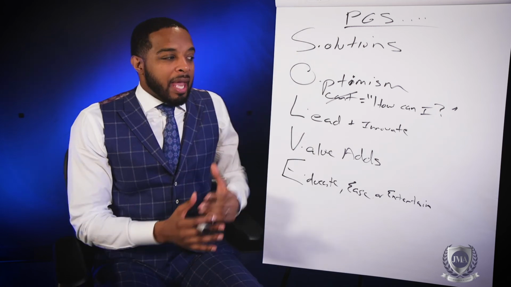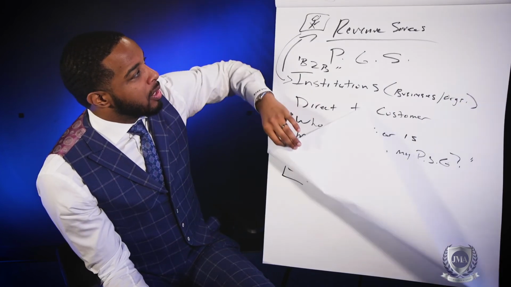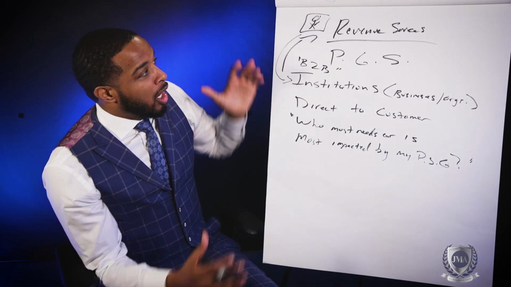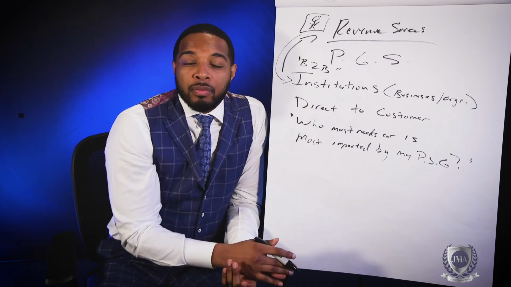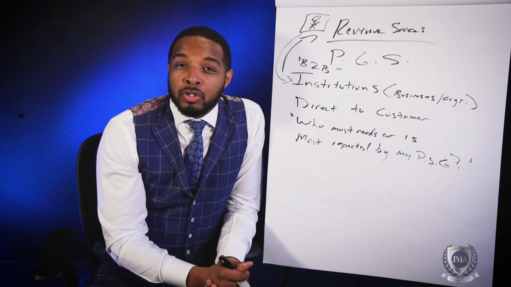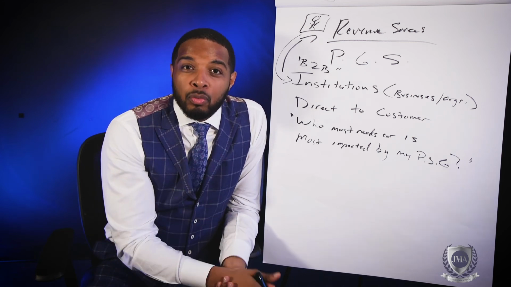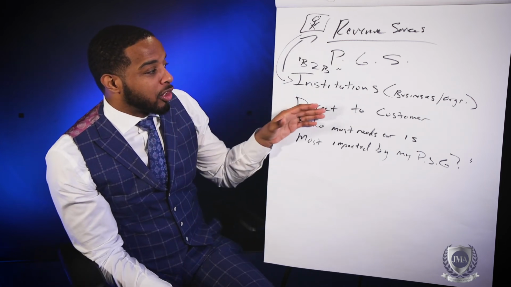Once you create your PGS and identify where you can generate revenue from it, this is going to be the crux and foundation for you to start building out your marketing plan, which we'll talk about in a few, and your customer base.